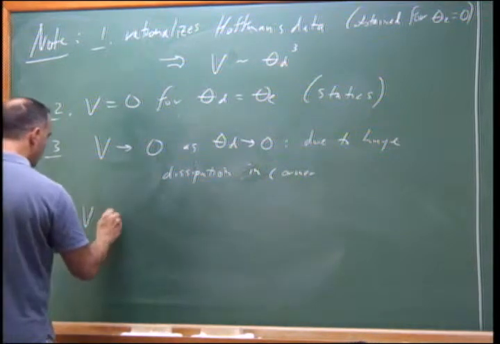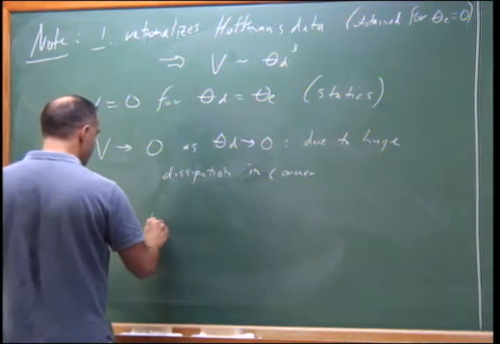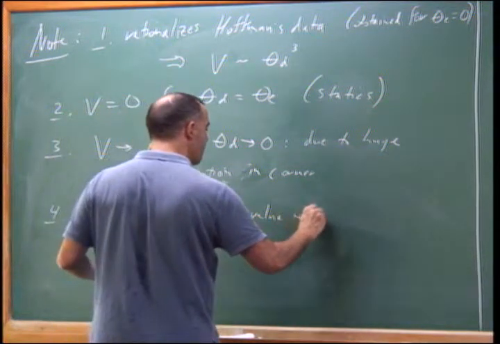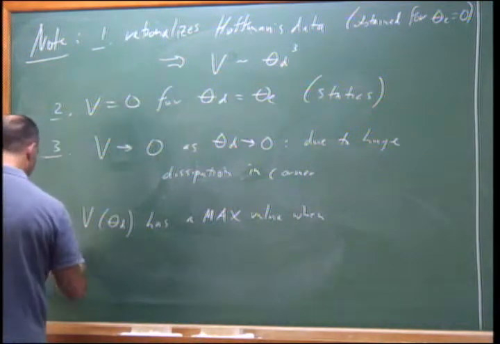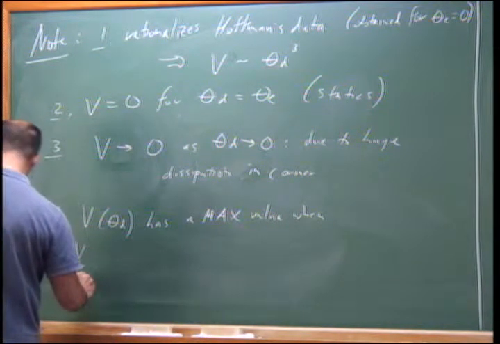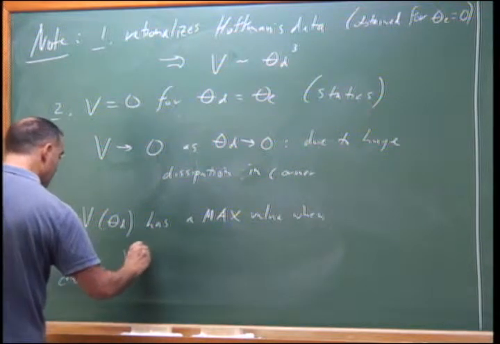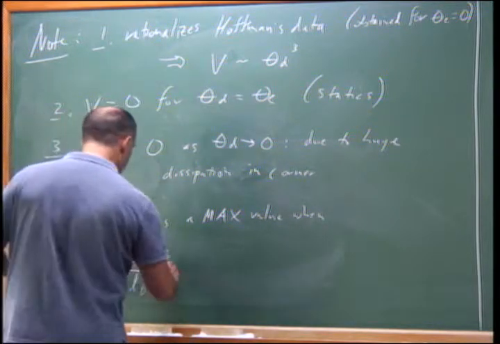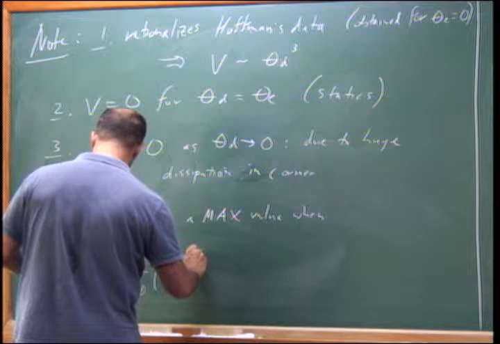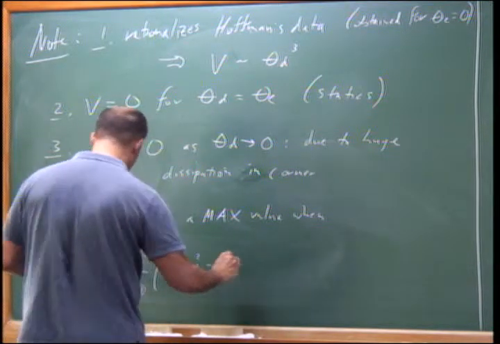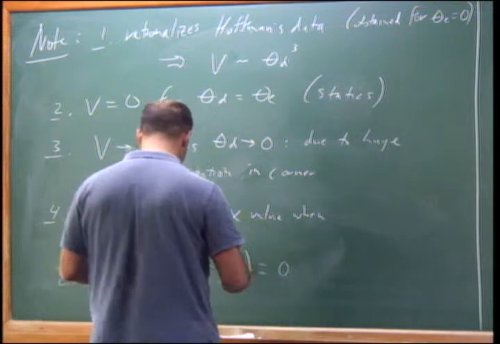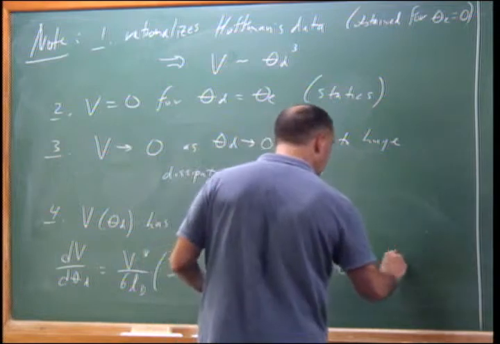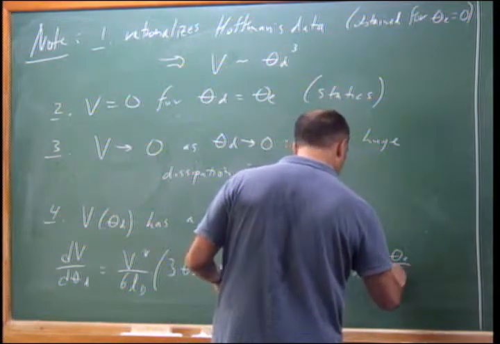So V of theta D has a maximum when theta D is equal to theta E over the square root of 3.